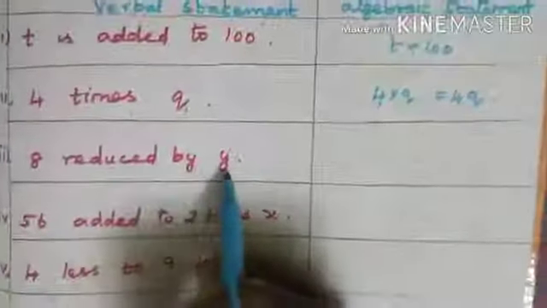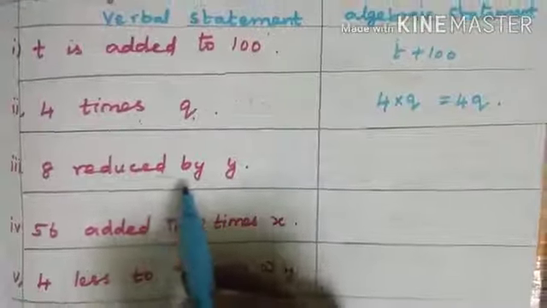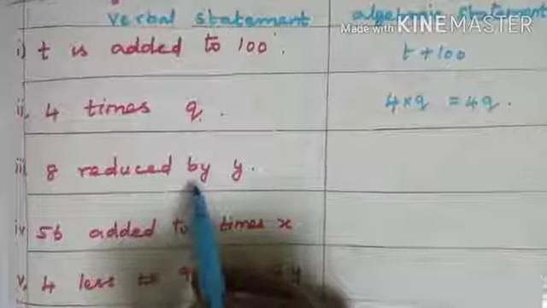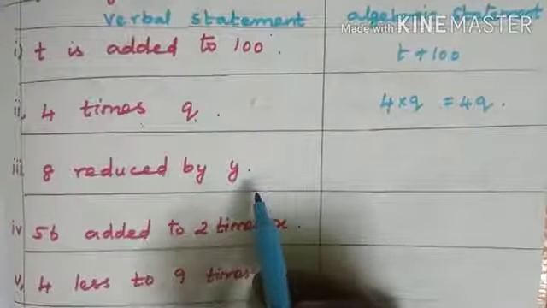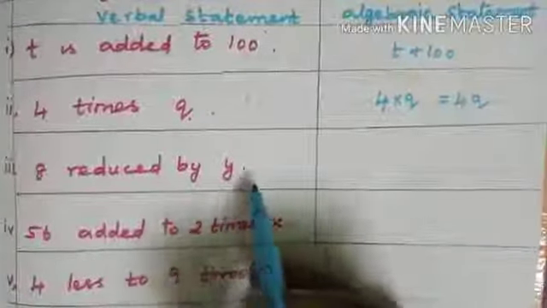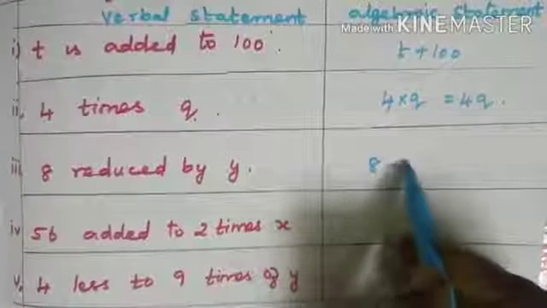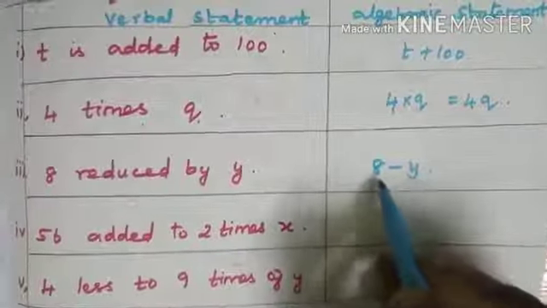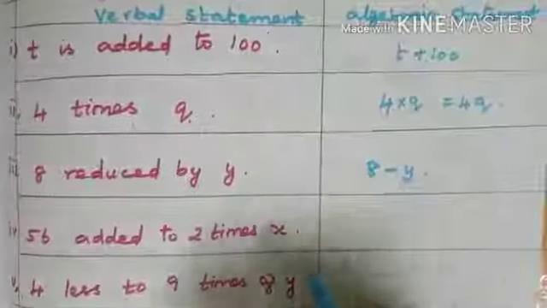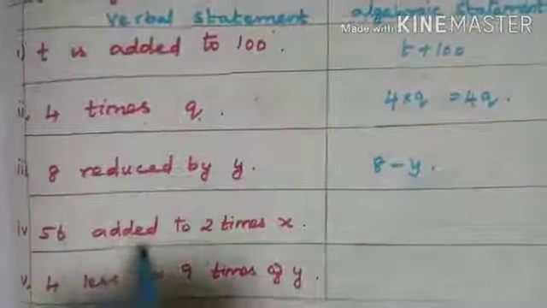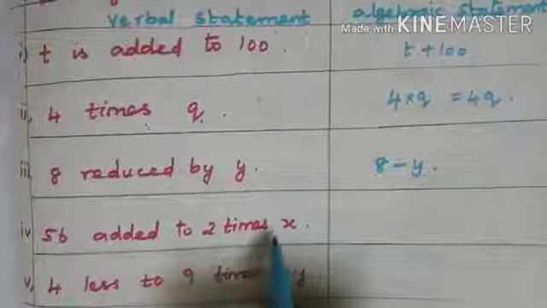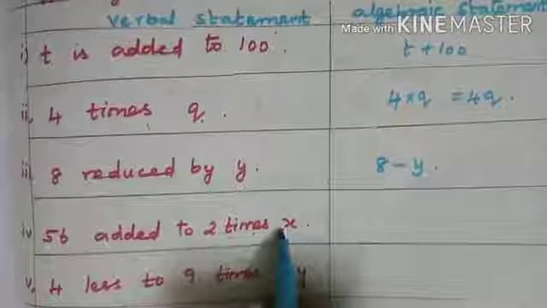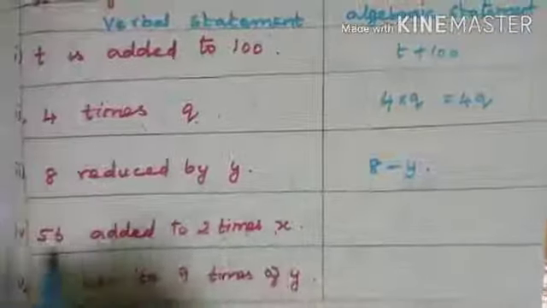You see third question, 8 reduced by y. The word reduced, what is reduced? Yes, subtraction. So 8 reduced by y. So 8 minus y. Next, 56 added to 2 times x. So 2 times x means 2 into x, and here 56.